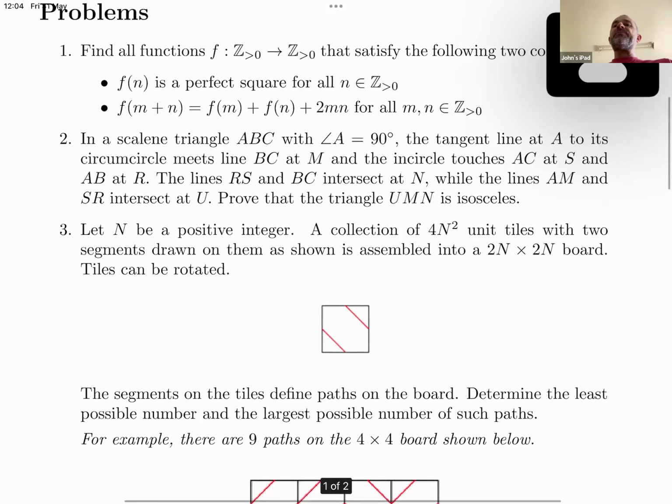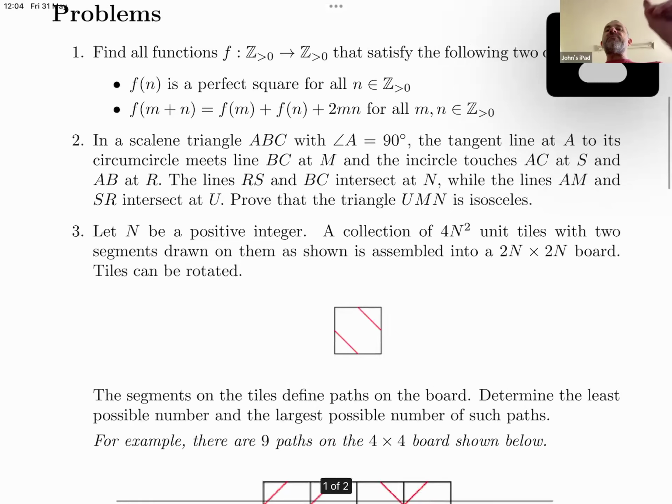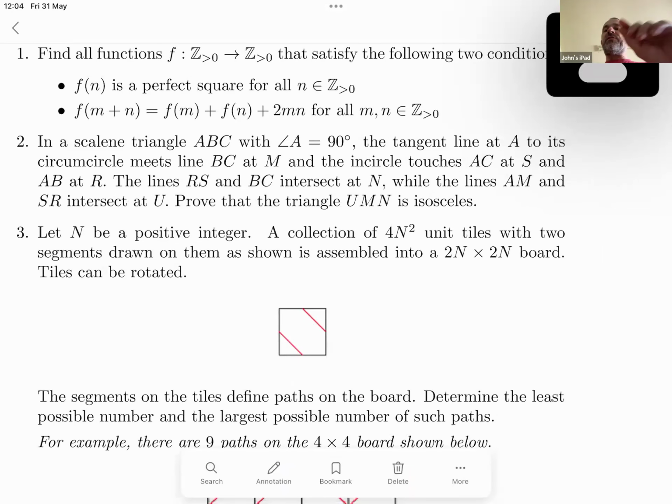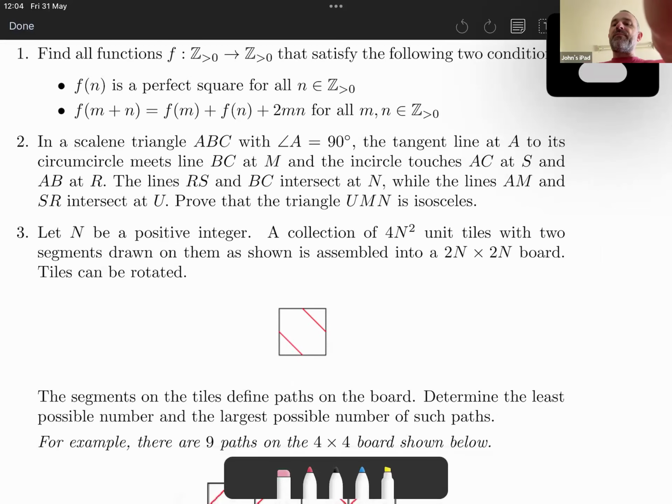Scalene triangle, now I wouldn't be immediately aware of what that is, but it means that all of the angles are different. So it means in particular that you don't get a degenerate case where the tangent line at A doesn't meet BC. So that's the first thing.